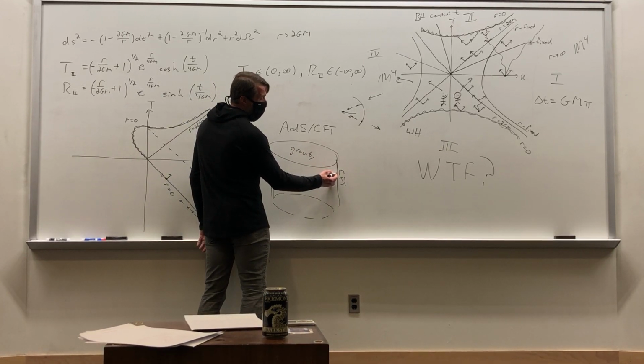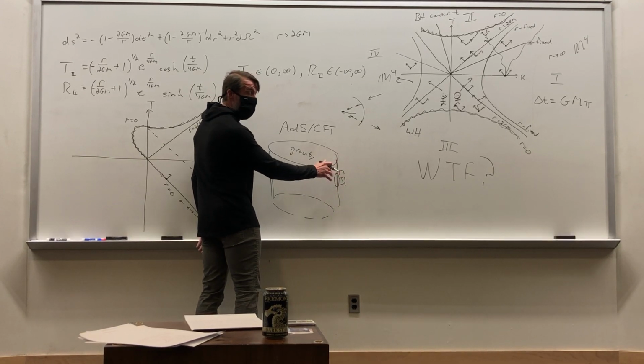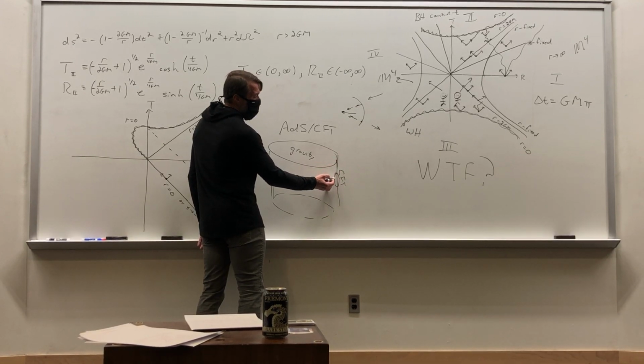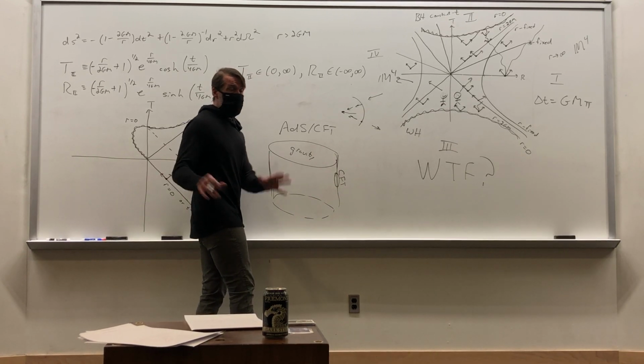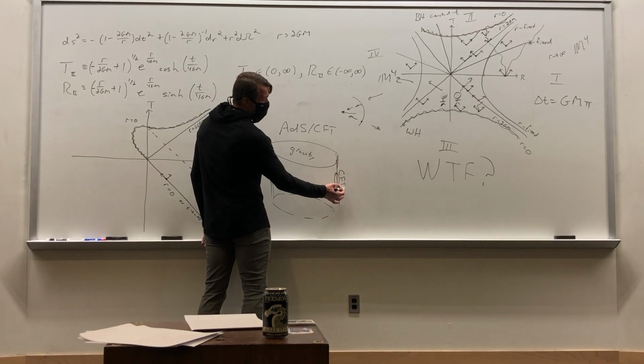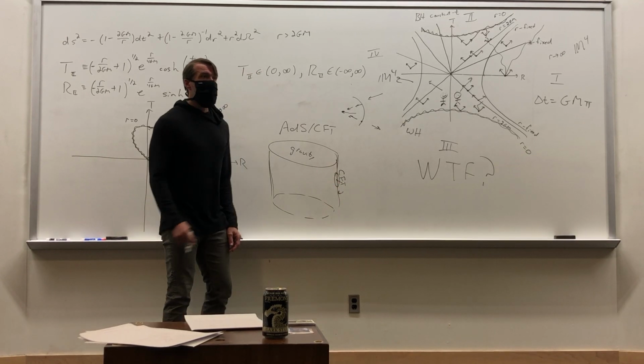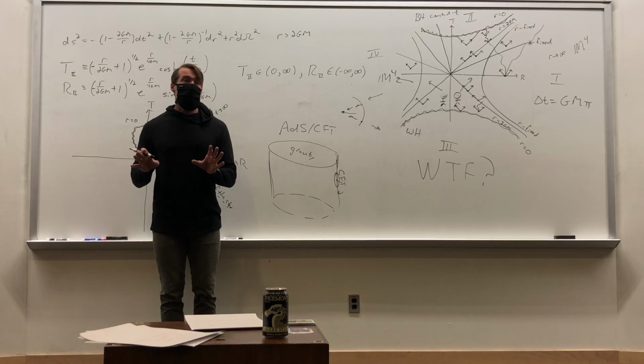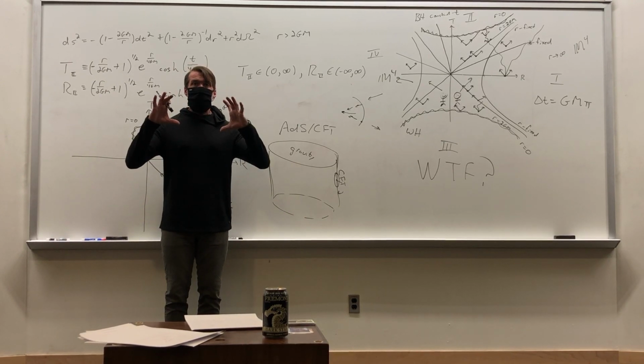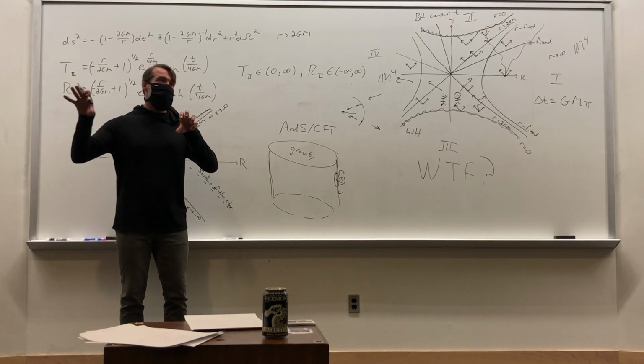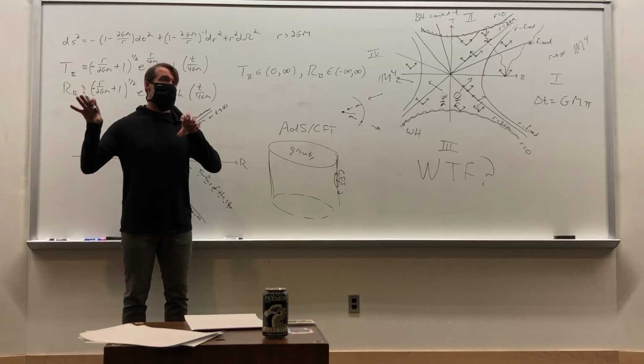If I take a region on the boundary, say a circle on the boundary, and I ask, what is the entanglement? That's a quantum mechanical idea. What is the entanglement between what's inside of the loop and what's outside of the loop? Turns out if you're doing quantum field theory and you pick a region of space, whatever's in the region has to be entangled with what's outside of the region. You don't get a choice.